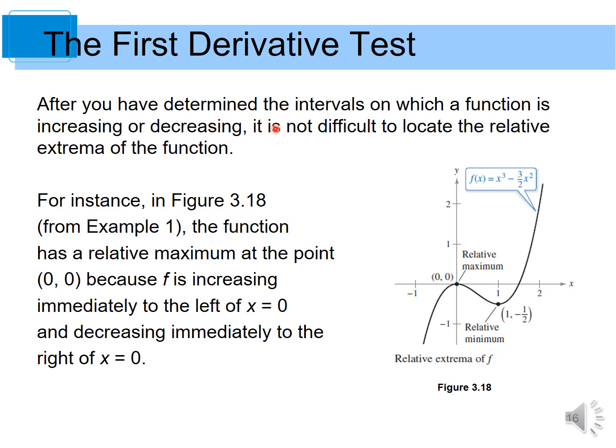After you have determined the intervals on which a function is increasing or decreasing, it's not difficult to locate the relative extrema of the function. For example, in this figure, the function has a relative maximum at the point (0, 0), because f is increasing immediately to the left of x equals 0 and decreasing immediately to the right of x equals 0.